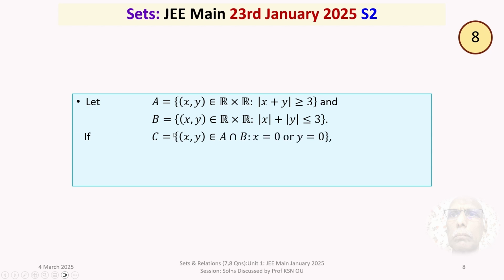If C is the set of those ordered pairs (x, y) belonging to A intersection B, satisfying x = 0 or y = 0, then the summation of |x + y|, where the ordered pairs (x, y) belong to C, is, we are given 4 options.